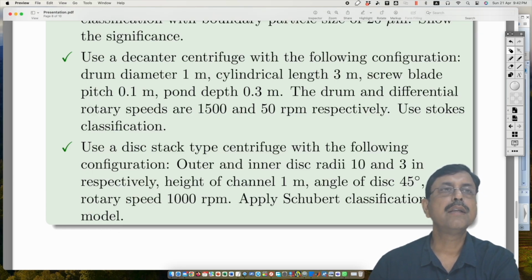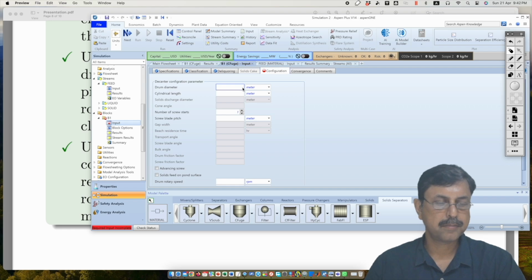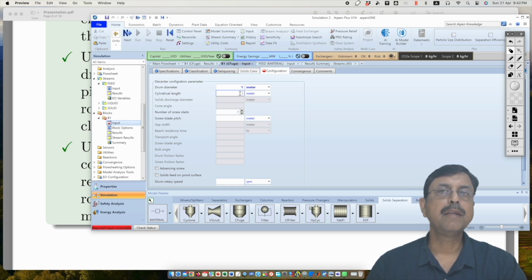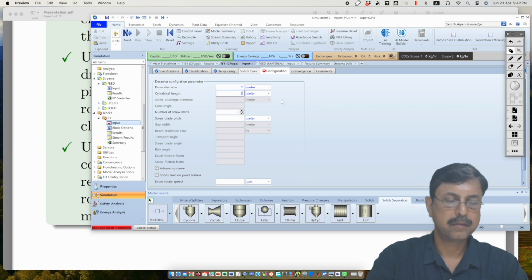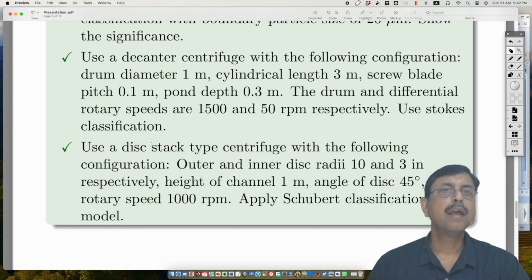The drum diameter is 1 meter, cylindrical length 3 meter. Then screw blade pitch 0.1, pond depth of 0.3.